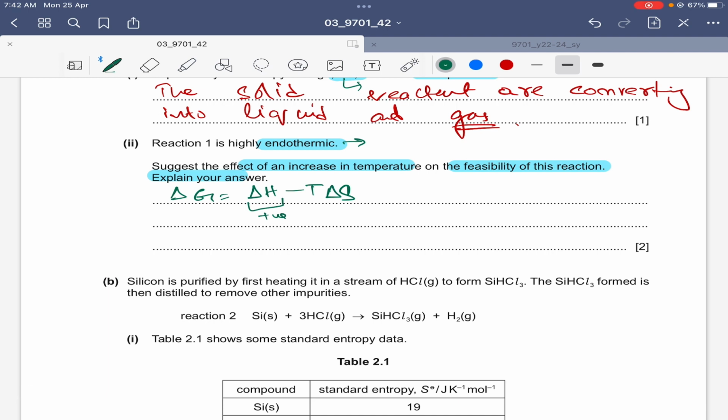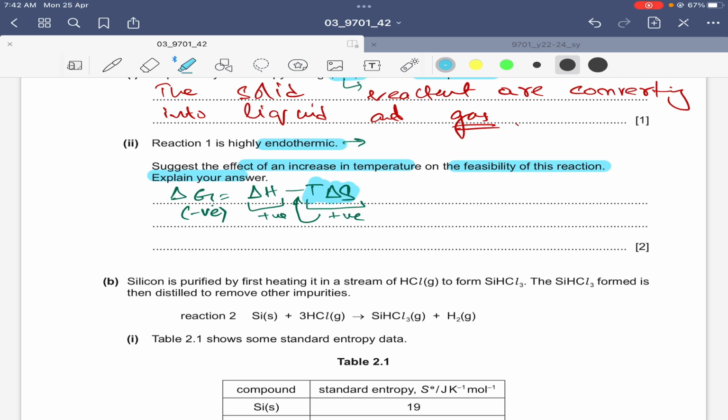So that means T delta S is a positive term as well, and plus minus would become minus, right? So to make this reaction feasible, delta G must be negative. So on increasing the temperature, this factor T delta S would increase, and as T delta S would increase, the negative value would increase, and as the negative value increases, the overall answer comes in negative.